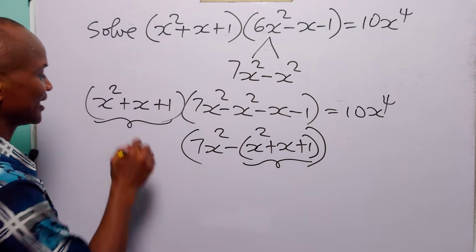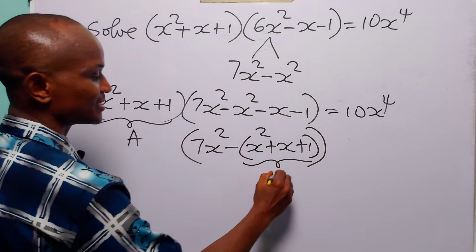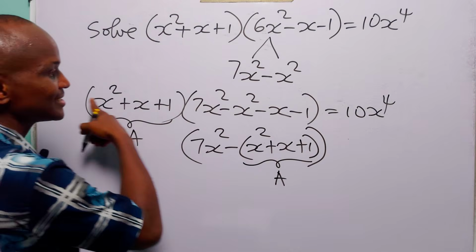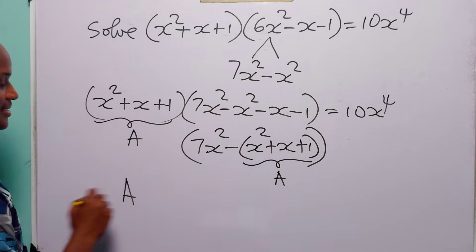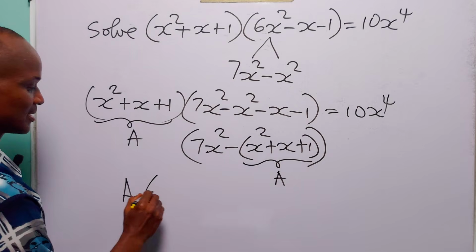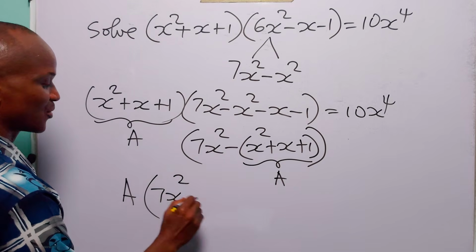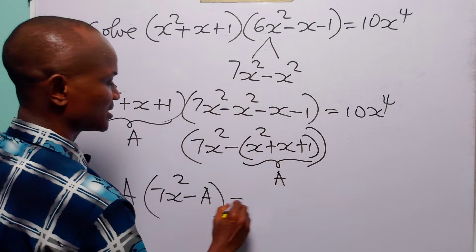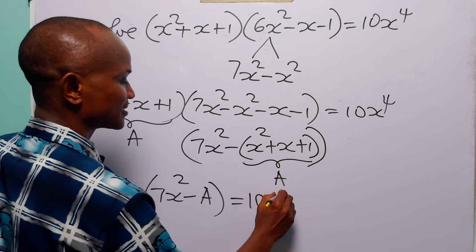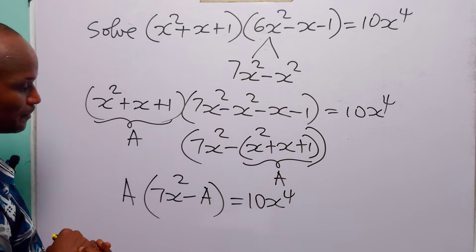So basically, if we call this quantity A, then this equation is in the form A, that is this, times 7x squared minus A. And of course, this is equal to 10x to the power 4.